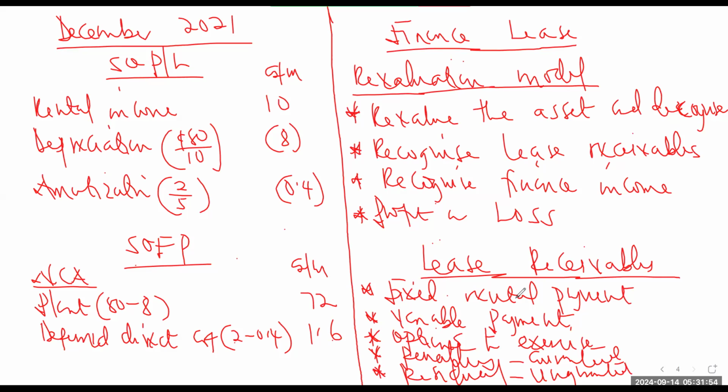For the lessor accounting, we use both the guaranteed and the unguaranteed residual value. The guaranteed is the one that is guaranteed by the lessee. The lessee is telling you that at the end of the lease period, I'm going to be giving you the asset valued at this amount.